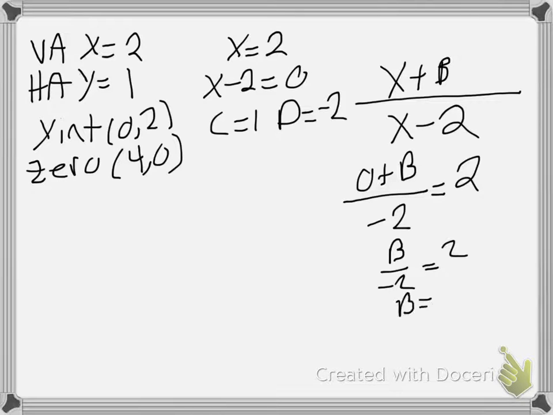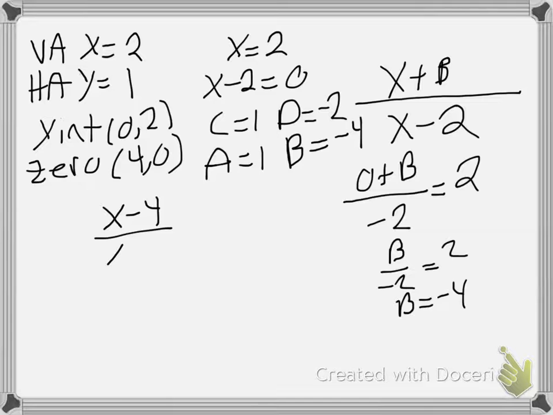So b has to equal negative 4. So then that means that I should have a equals 1 and b equals negative 4. So that means that I should have x minus 4 over x minus 2, and that should be my function.